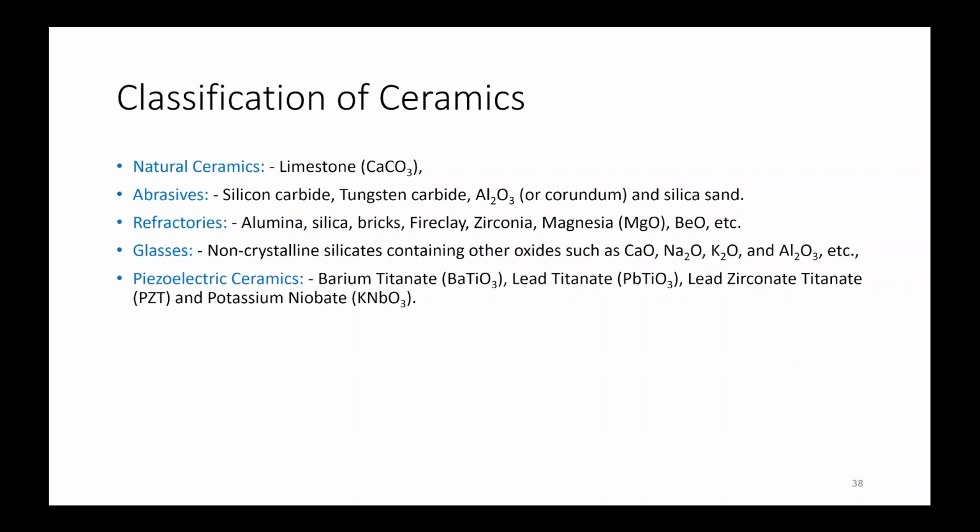They can be refractories, meaning they can withstand very high temperatures, such as alumina, silica bricks, fire clay, zirconia, magnesia and beryllium oxide. And glasses are non-crystalline silicates which contain other oxides such as calcium oxide, Na2O, K2O and Al2O3.